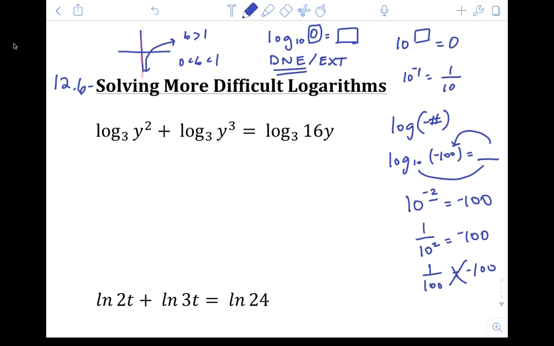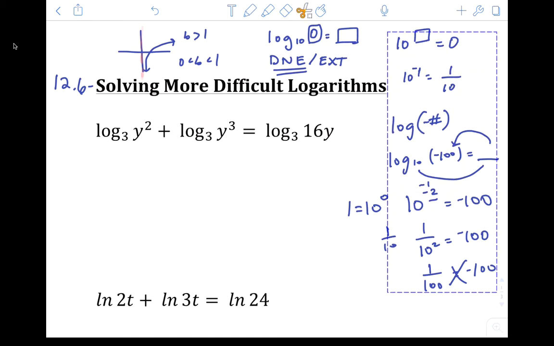Someone might say negative 1. That's going to be 1/10, not negative 100. Someone might say 0. And with the exponent of 0, the answer is 1. All of these things, none of them are going to get you anywhere to negative 100. It's not possible. So, moral of the story.